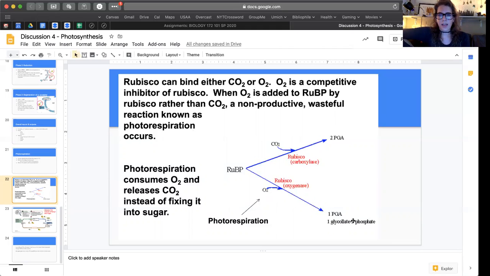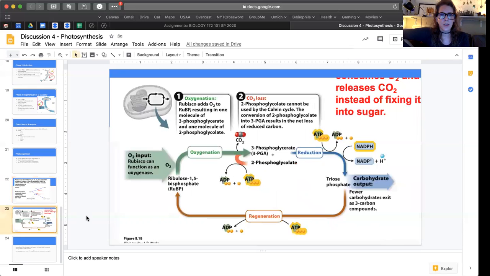So not only do we have this formation of something that's kind of wasteful, but we also will have to undergo more turns of the Calvin cycle because we need 2 PGA, and here we just have 1. So it's going to be way less efficient because we'll need to turn the Calvin cycle more, which will require more ATP and NADPH in order to get to the same number of PGAs. And we can see here, this is a good picture of it. So we have this oxygenation step instead of carbon fixation.